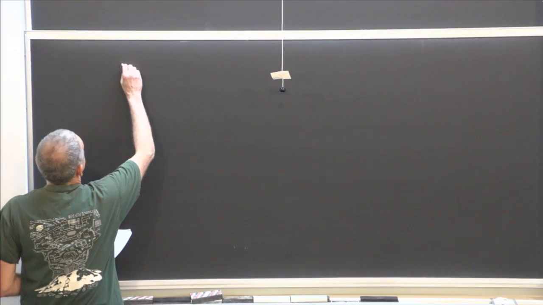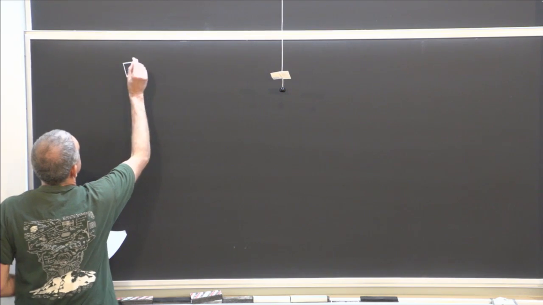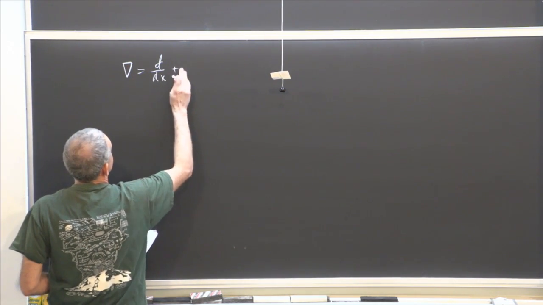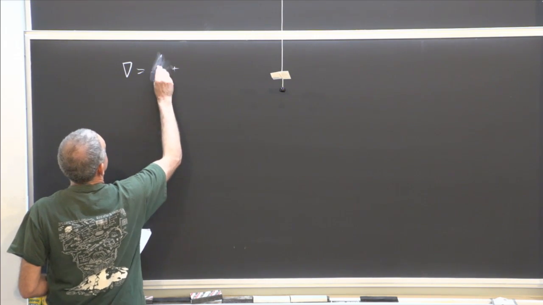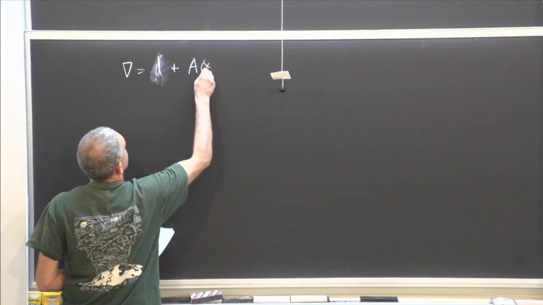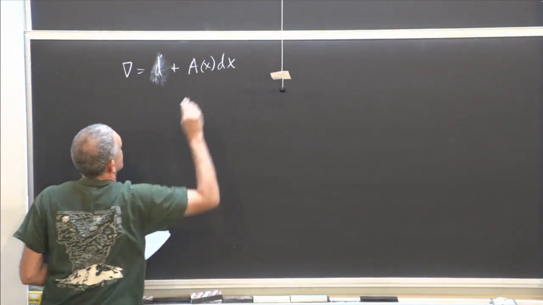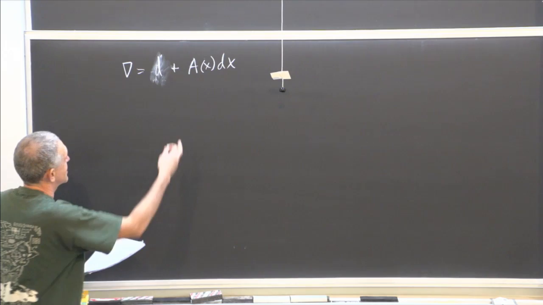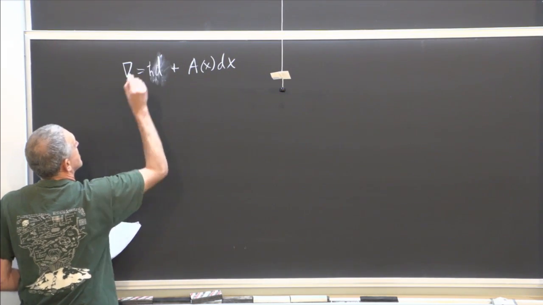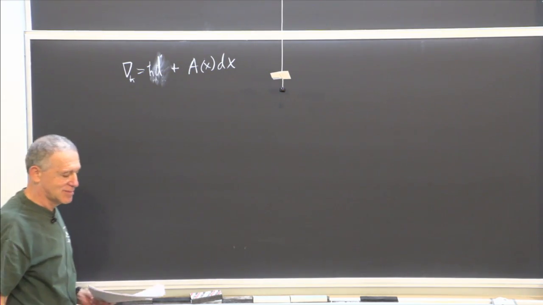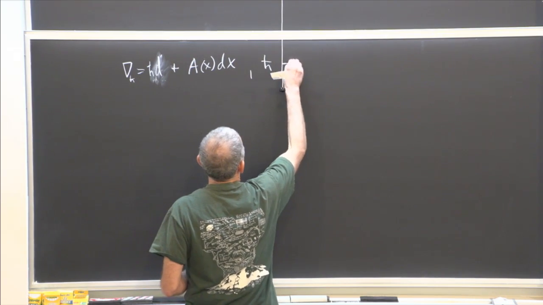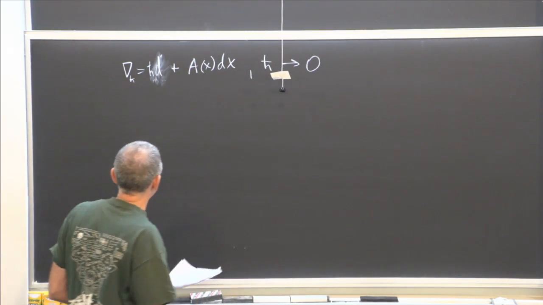So for that, let's consider a coordinate-wise connection. Let's write it something like this. This is the connection matrix, and let's put a parameter here, h, the Planck constant, and let's consider the limit as h goes to 0.